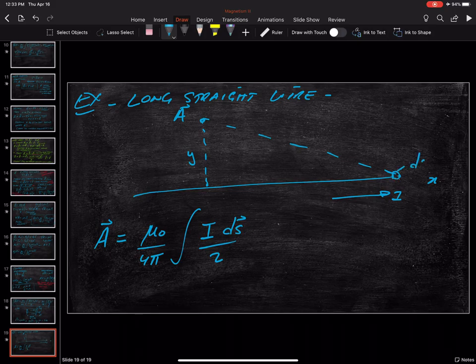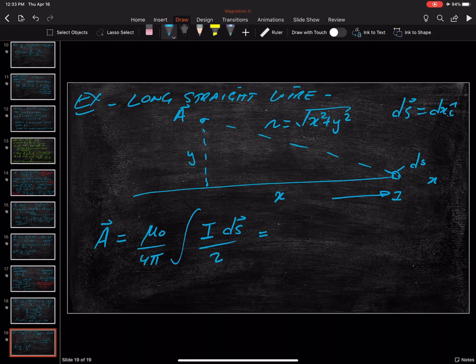Here's my little ds, here's my r, which in this case would be square root x squared plus y squared. So it's not as scary as you might think. My ds in this case is equal to dx x hat.